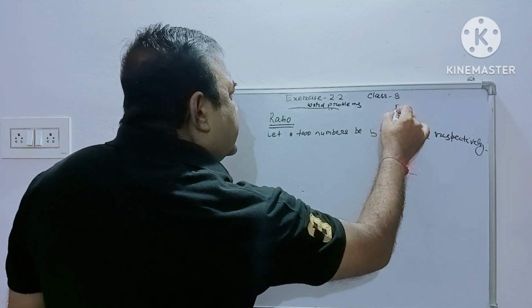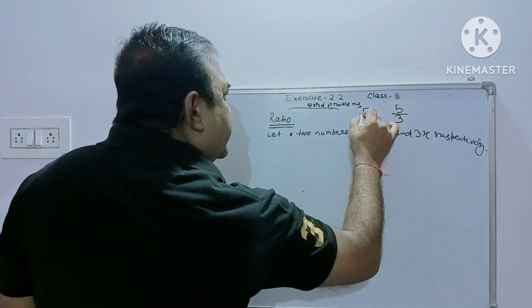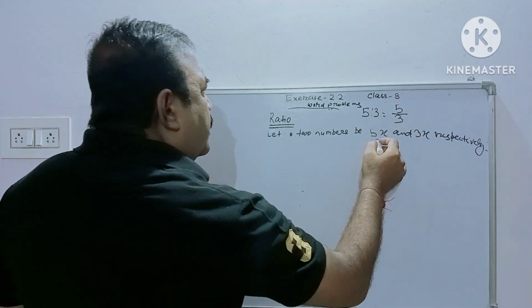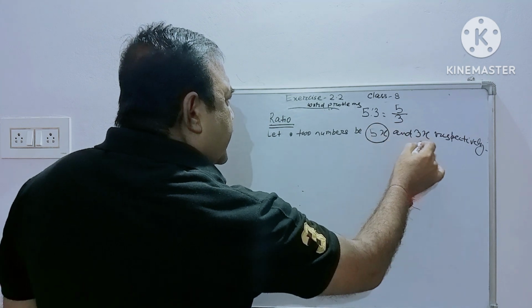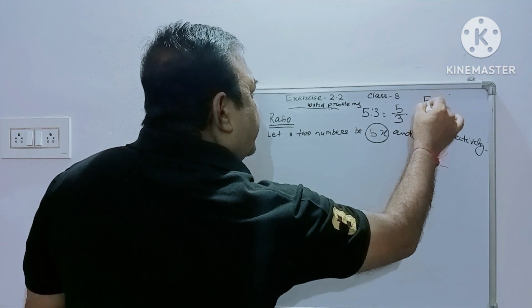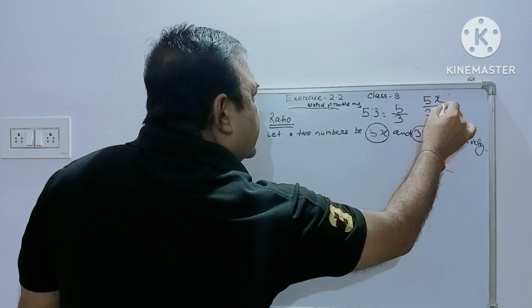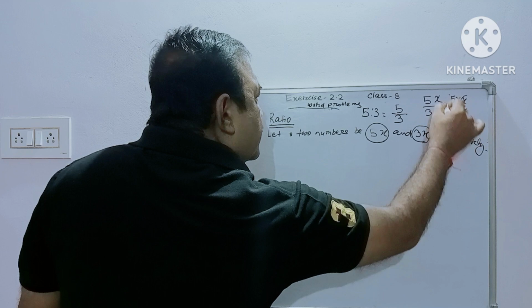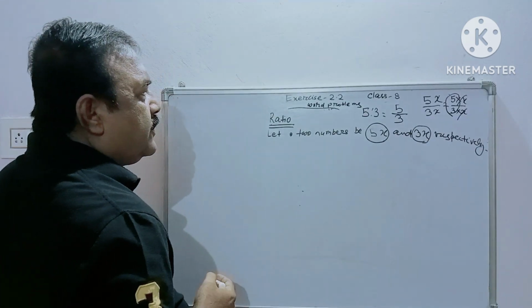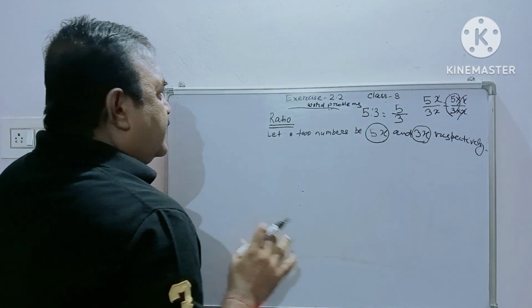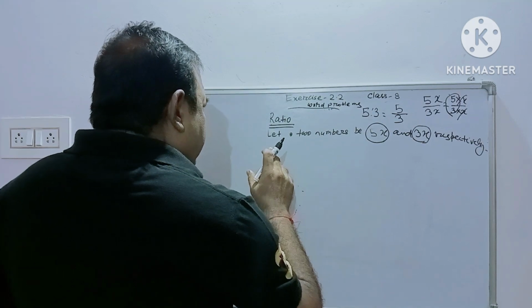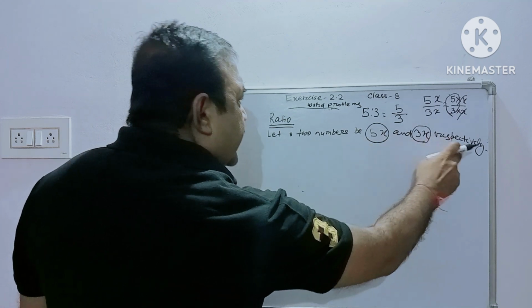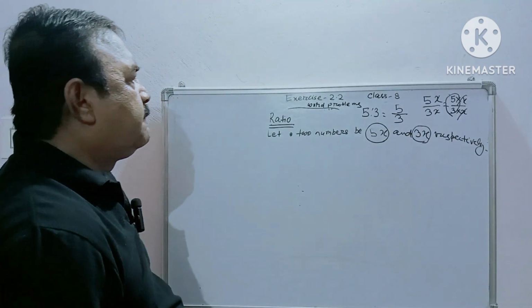We knew it from its ratio, 5:3, that means 5 upon 3. So one number we took 5x and the other one is 3x. You see 5x upon 3x, that means 5 into x divided by 3 into x. So the ratio is 5:3. We have not done anything, just we have written like this: let the two numbers be 5x and 3x respectively. These are the two numbers.